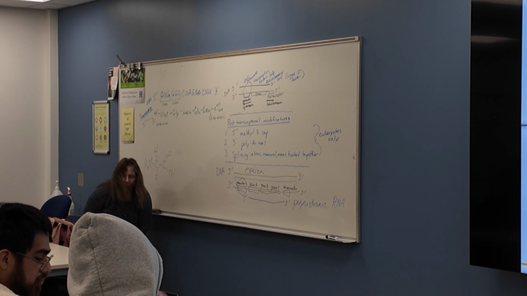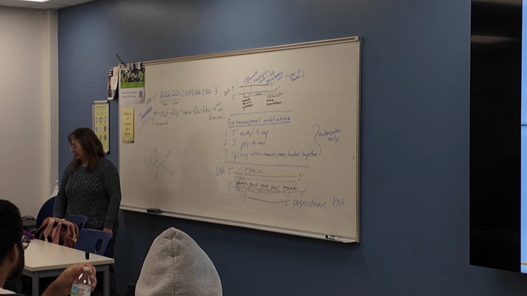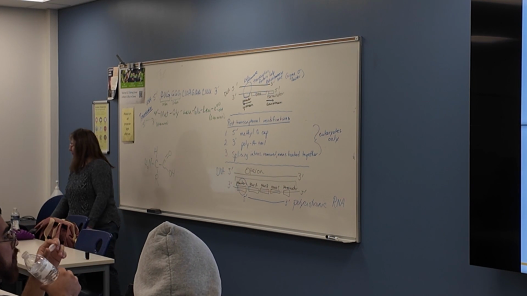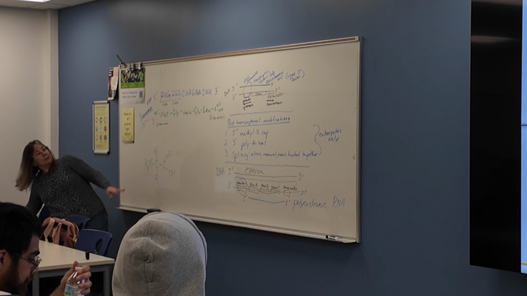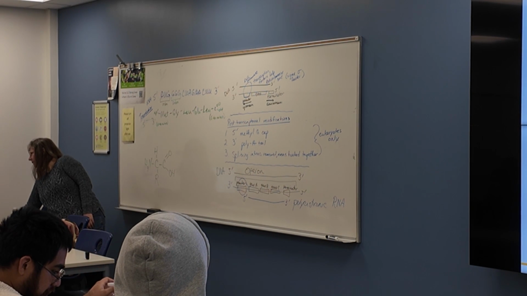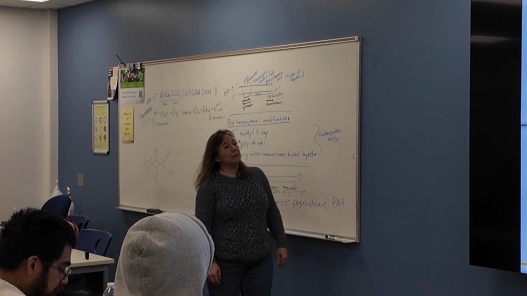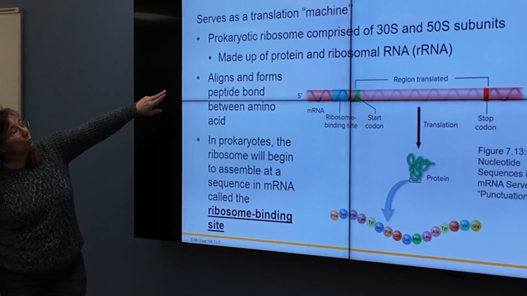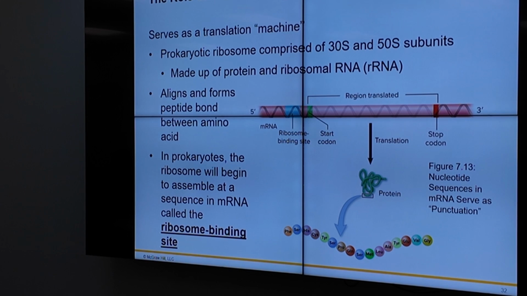Now comes the harder part: how does the cell do this? So the nucleotide sequence is going to determine the amino acid sequence. That's easy. First thing that's going to come in is your ribosome. What was the difference between prokaryote and eukaryote ribosomes?